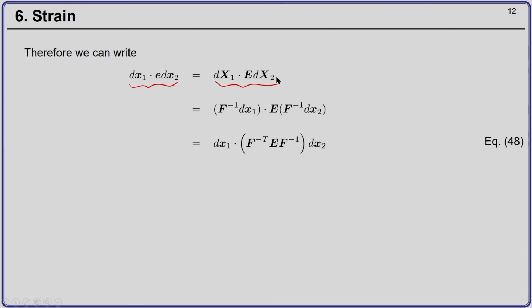And now, dx1 is nothing but F dX1 and dx2 is nothing but F dX2, that is, dX1 is F inverse dx1 and dX2 is F inverse dx2. So, I can write this expression as dx1 dot F inverse transpose E F inverse dx2.